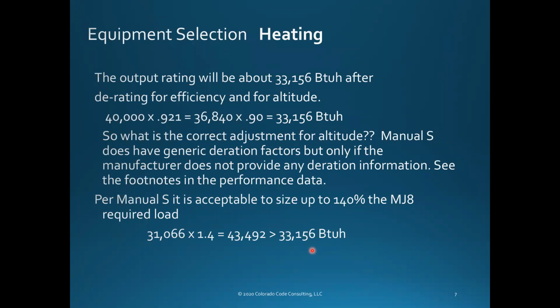So we take 140%, our calculated load times 1.4. That means we could have an output capacity of a little over 43,000 BTU. Ours is at 33, so we're in way good shape. Now, will there be times, especially when you guys are dealing with altitude, that it will be larger than that? And the answer is yes.